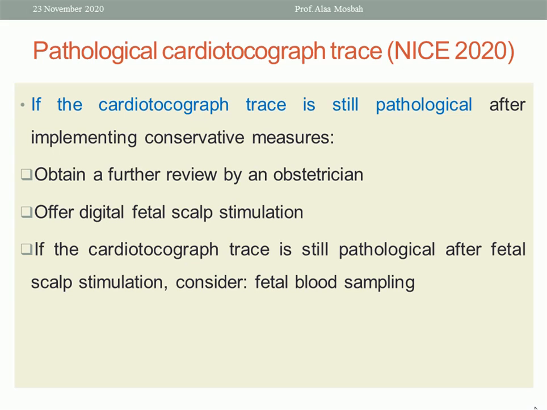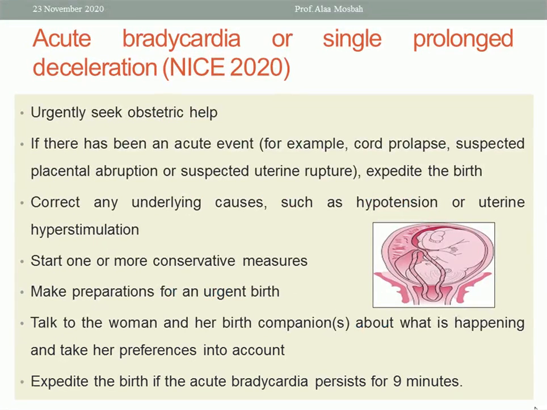This is a good sign if digital fetal scalp stimulation gives a positive effect on the CTG. If the cardiotocography is still pathological after fetal scalp stimulation, consider fetal blood sampling for pH, and intervene immediately.